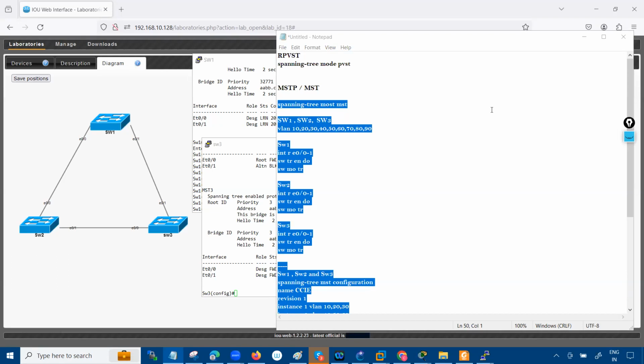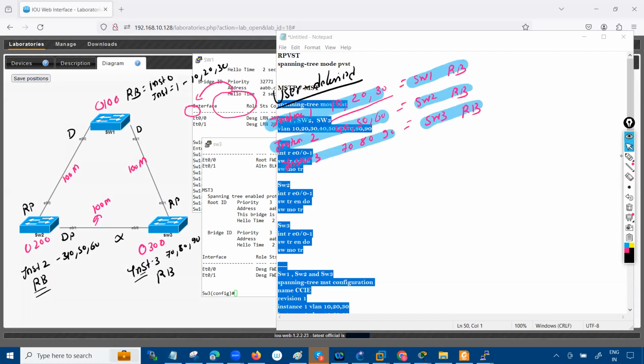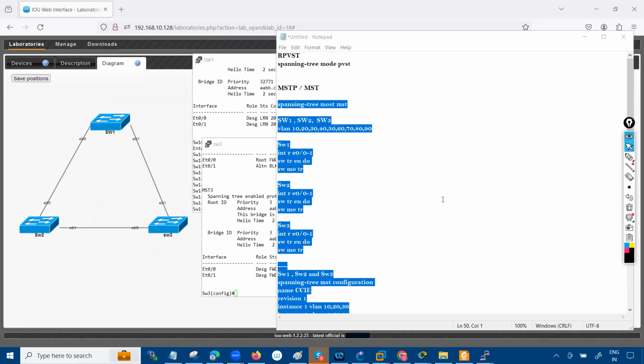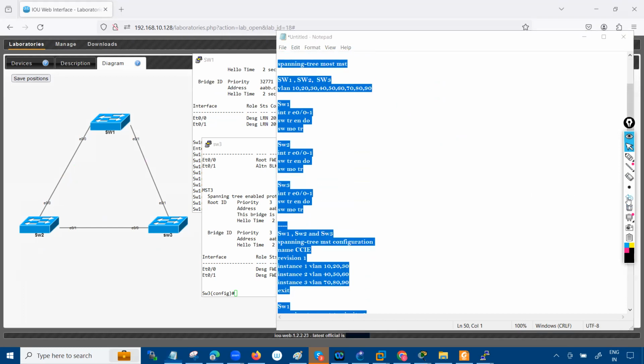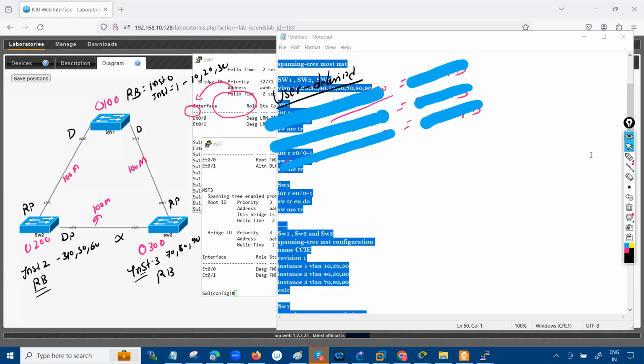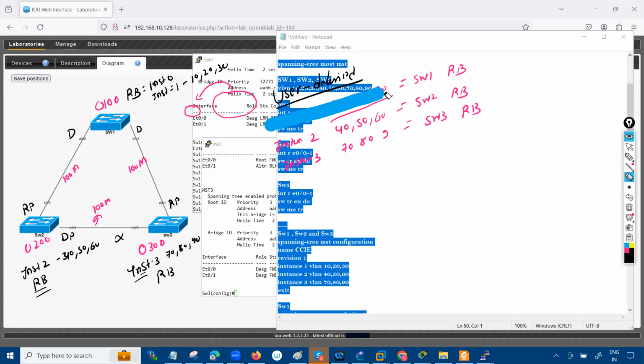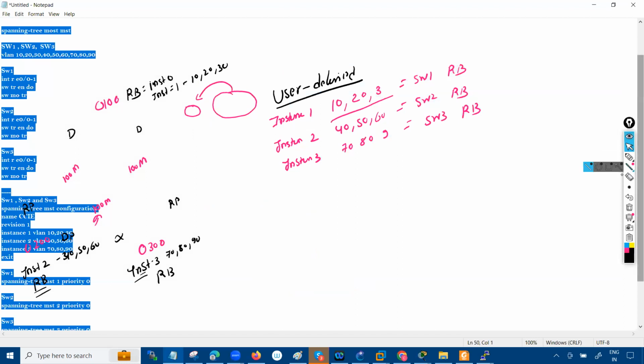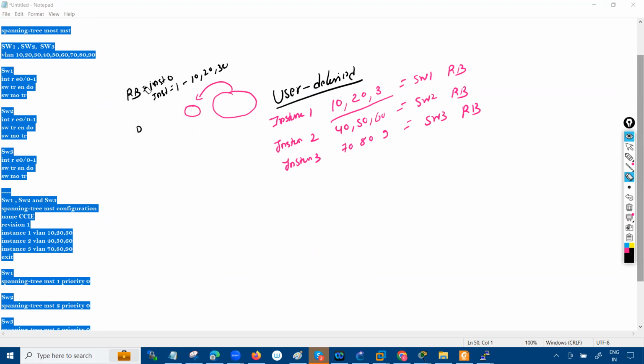Now, if I talk about the BPDU perspective, the Wireshark perspective, the BPDU will still be the same.